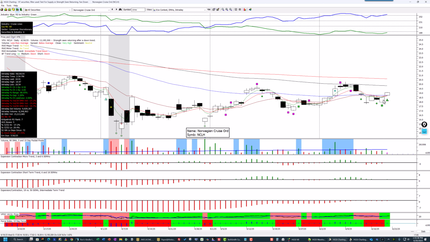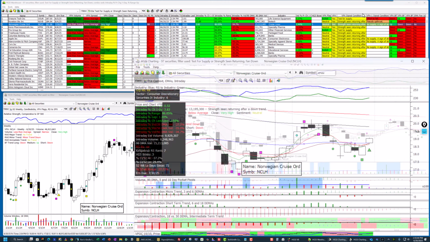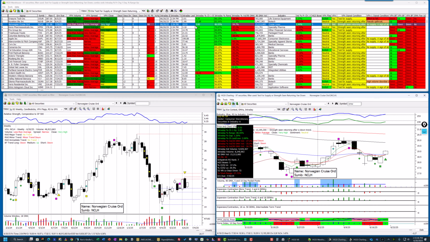And then when you go into the intraday scans, if these stocks are up, more than likely you're going to get a confirming scan today. Now, the market's still open, so that could disappear. But for now, it's confirming the signal from yesterday, strength seen returning after a downtrend. But you can see the fan is down here.